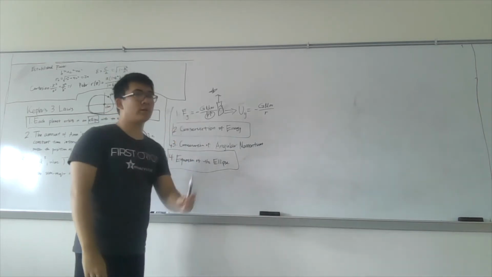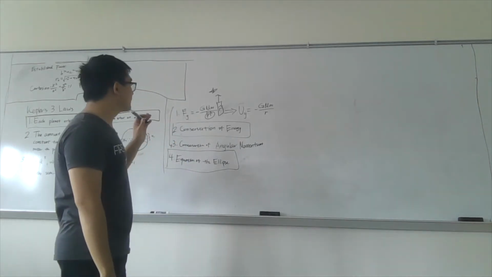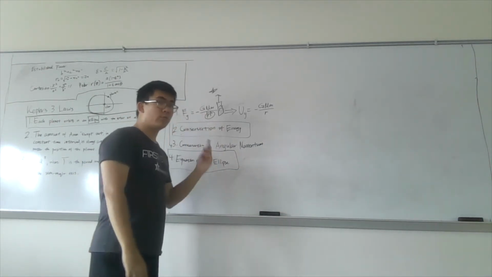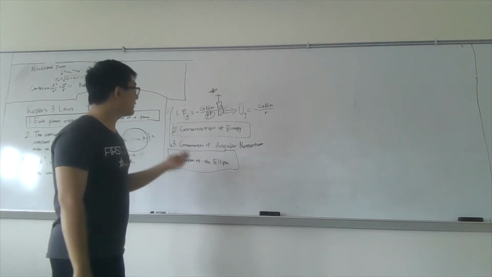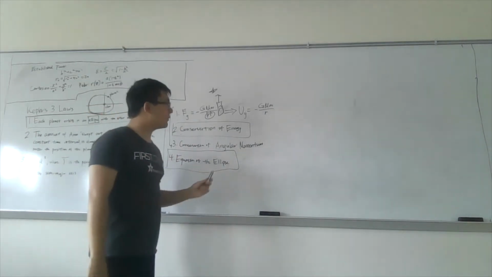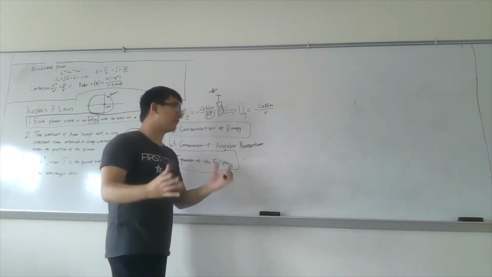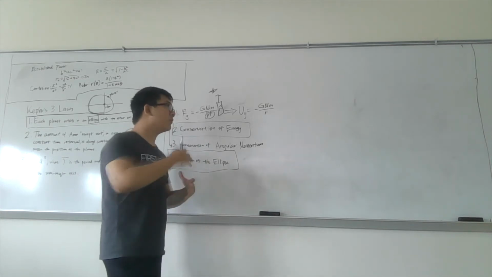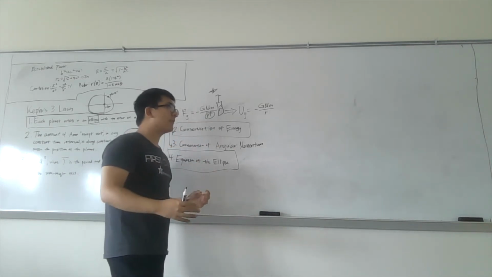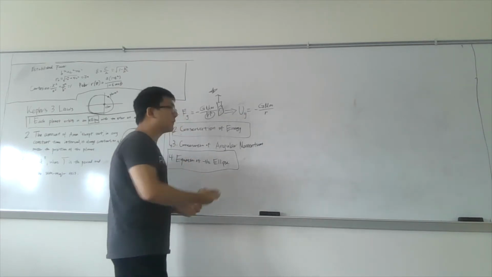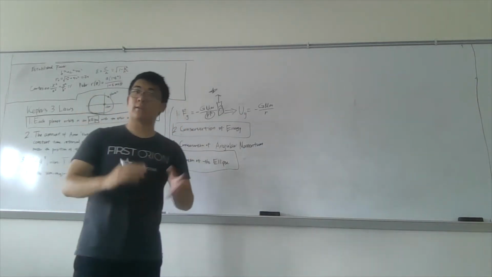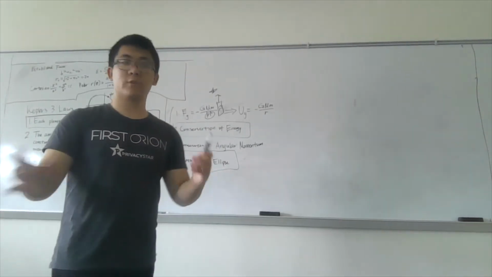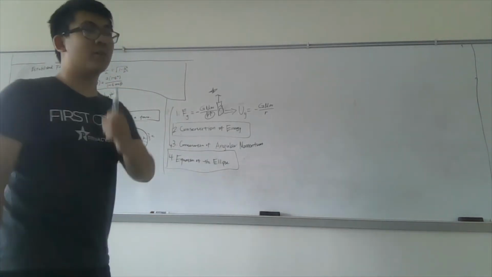Our main strategy is to use conservation of energy to write an energy equation for our system, and then rewrite it using the fact that angular momentum is constant in this system, to manipulate it and bring out the equation of the ellipse in polar coordinates. That's going to be our general strategy to prove Kepler's first law.